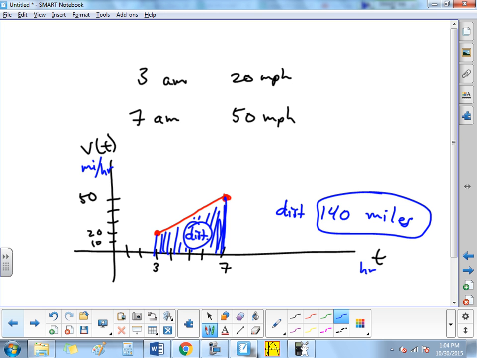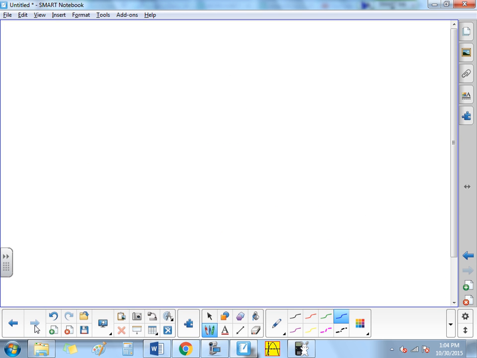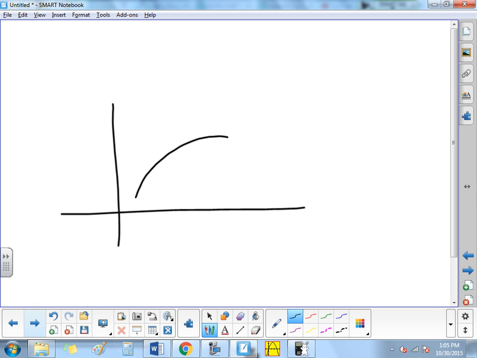Okay, so you can appreciate then maybe what happened next in history. People wanted to know, well, what happens if we have a velocity function that looks like this? For example, the tide on the ocean rises and falls. I'm sure the velocity of the water level rising, the dh/dt, is not exactly linear.